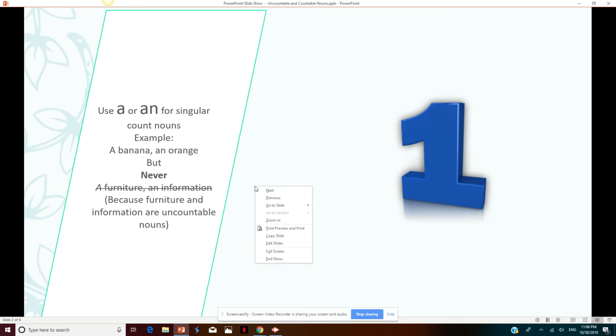As you see here, I have a furniture and an information, and I cross them out because that is incorrect. The explanation below says that because furniture and information are uncountable nouns, I can never put an a before them.